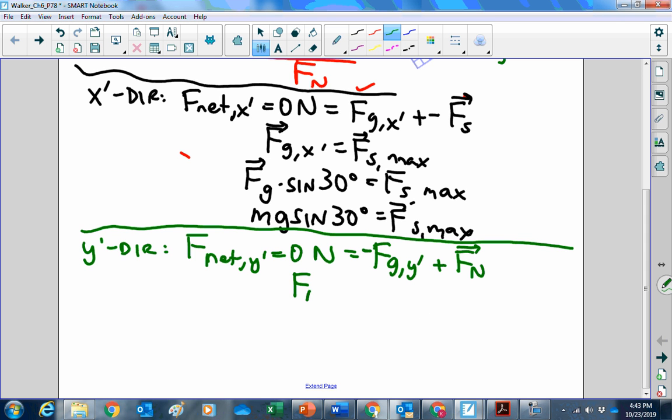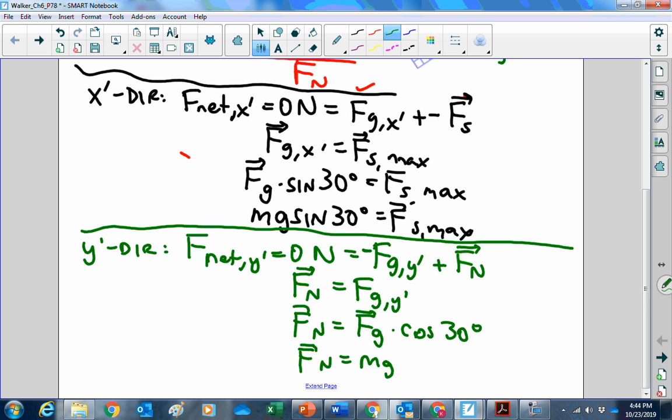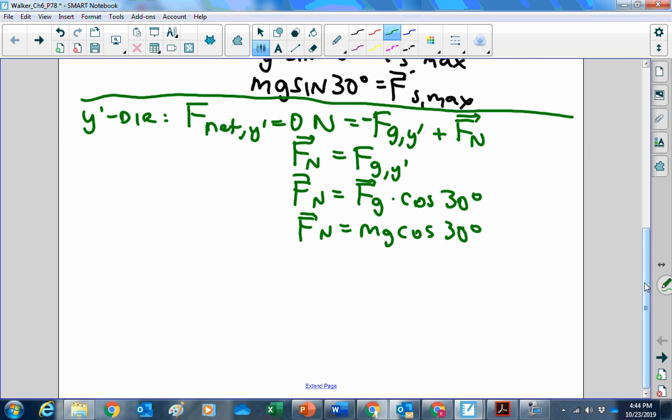So those magnitudes are the same. And therefore the normal force would be my hypotenuse times the adjacent, or sorry, I'm looking for the adjacent side. So to get that, I would take hypotenuse times cosine of 30, and just one more step to say this is mg cosine 30.